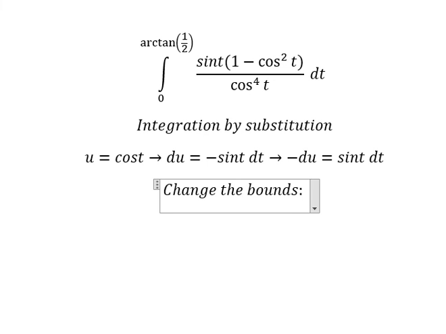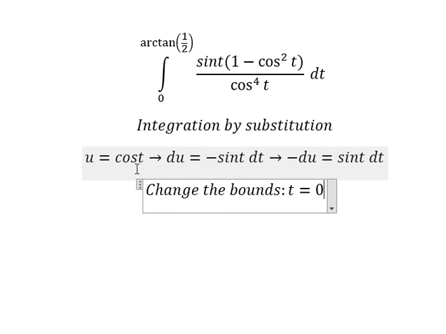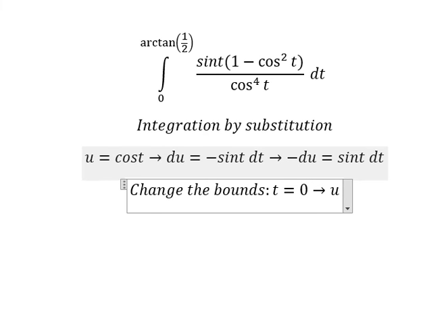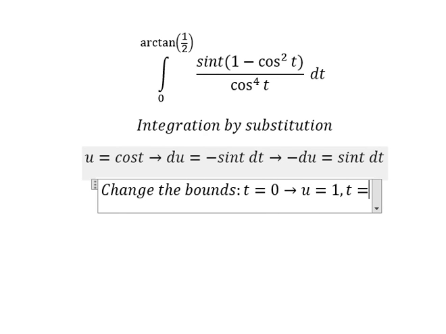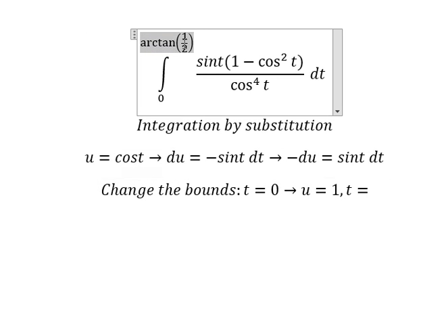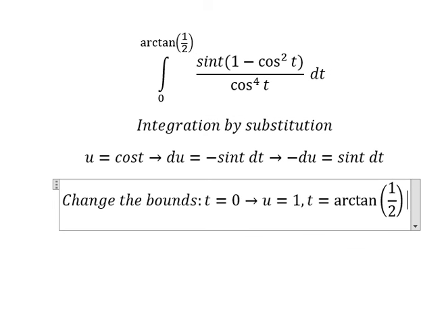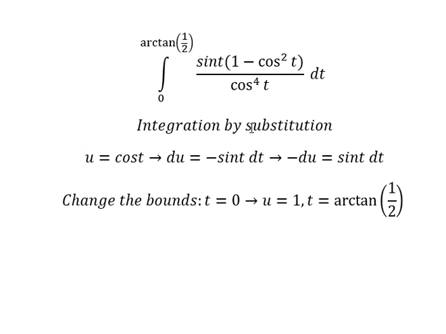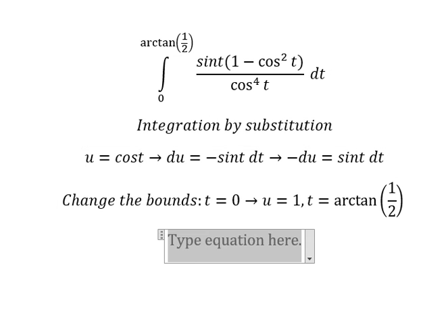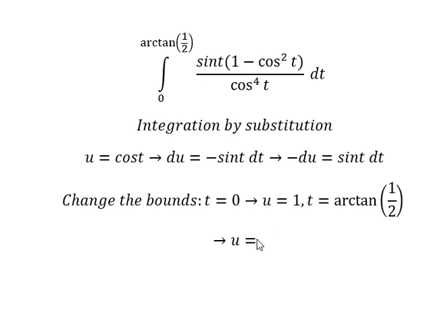When t equals number 0, we put number 0 here, and we have u equals number 1. When t equals this one, we put this one here, and we have u equals number 2 over the square root of number 5.